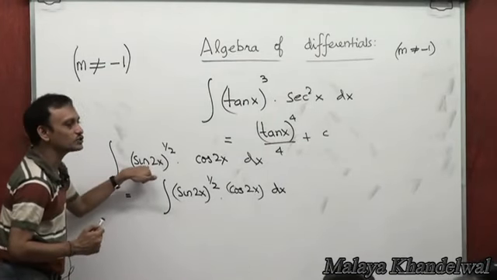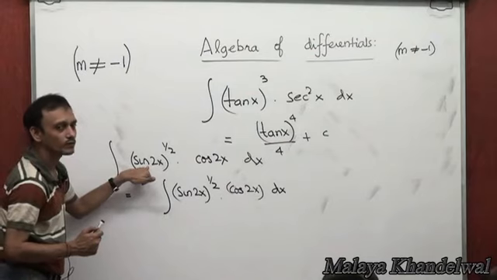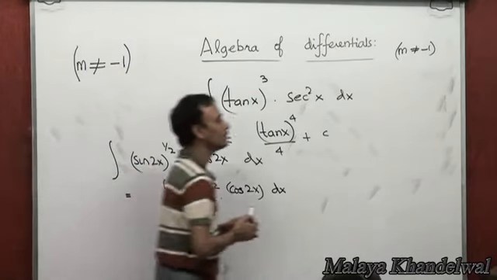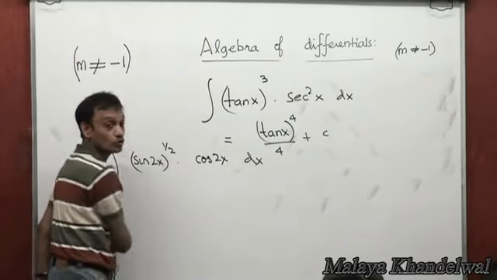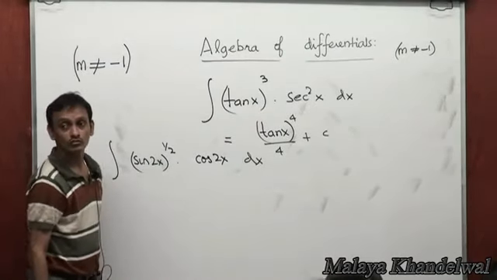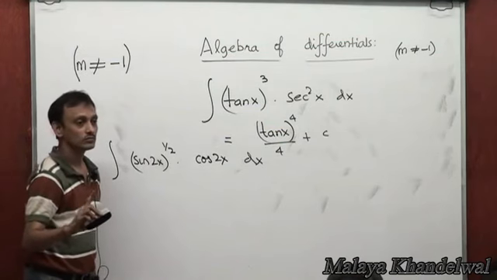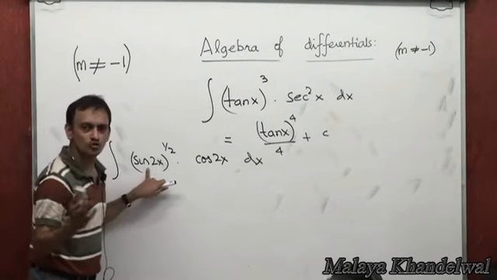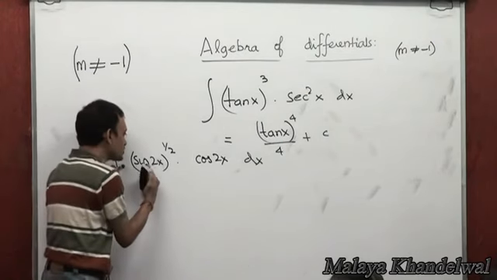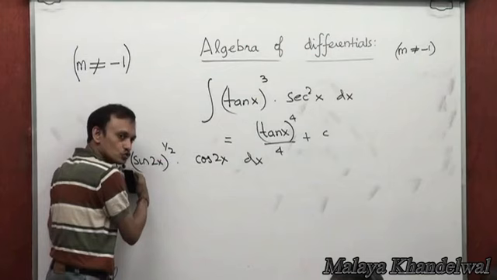Now, what's the derivative of sine 2x? It is 2 cos 2x. Go from outside to inside: cos 2x into 2.